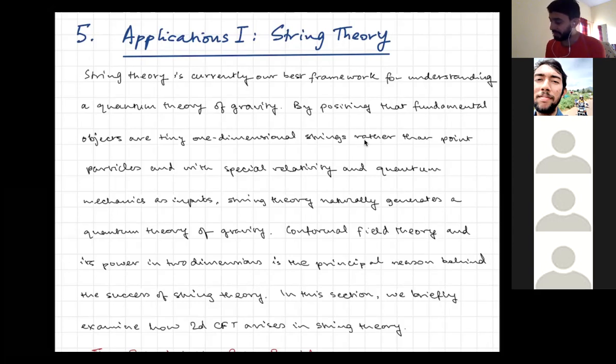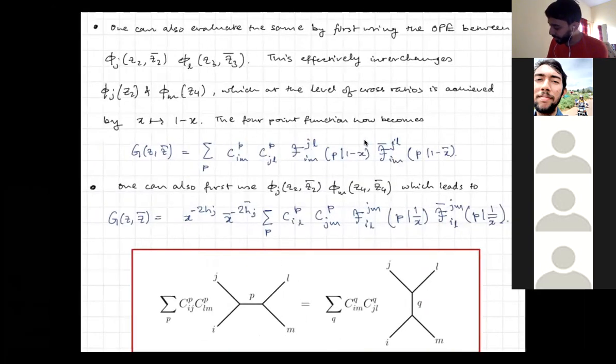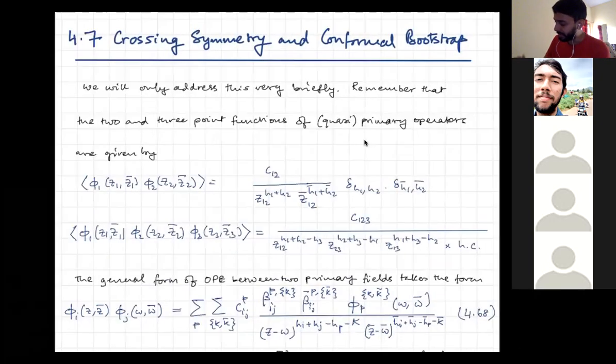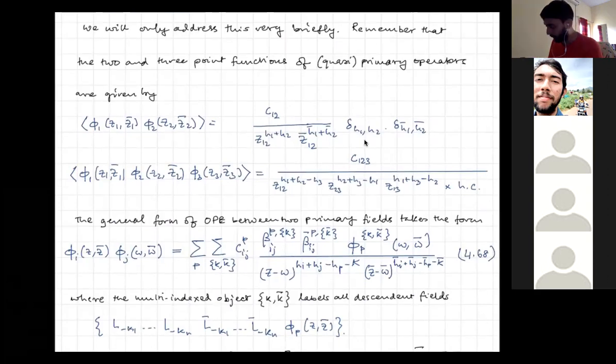You would remember that what we did is we basically used quasi-primaries. Now, this same thing can actually go through in higher dimensions as well, and you can try to give these sort of bootstrap-like conditions for the higher dimensions too. In two dimensions, things are more restrictive because you have this infinite dimensional symmetry.